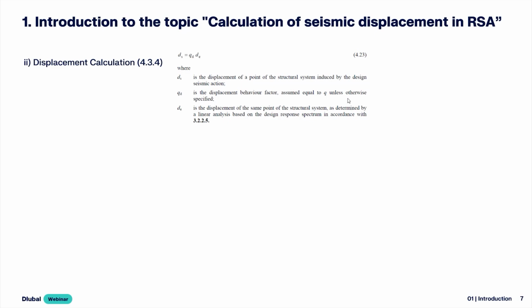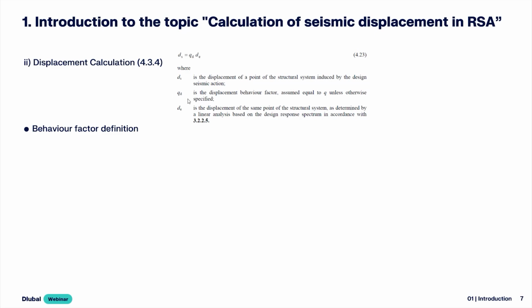So we are calculating back to the displacement now. We are taking the reduced spectrum and then multiplying again by Q. This approach seems kind of trivial, but we are going to see an example where it is not so simple.